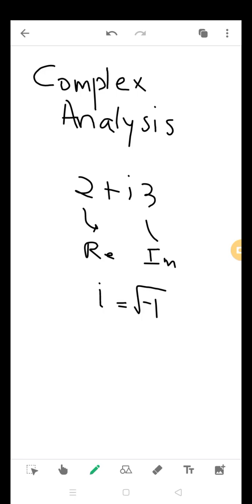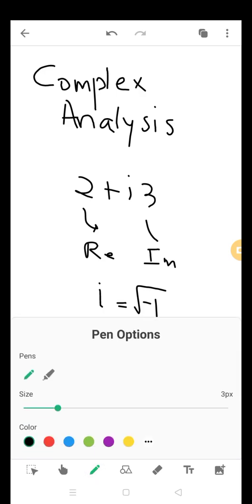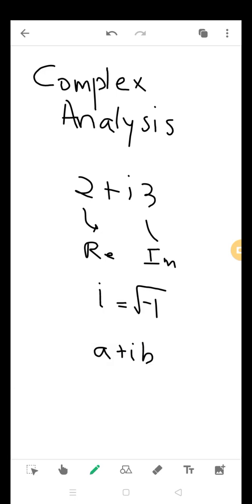So this is what is known as a complex number. Now instead of writing 2 plus 3i, if we write a plus ib, where a can take any numerical value and b can also take any numerical value, then this becomes a complex variable.